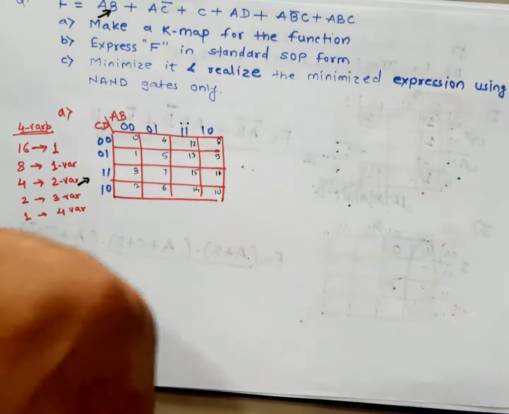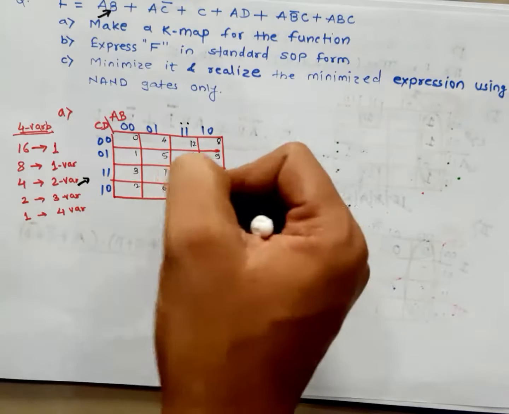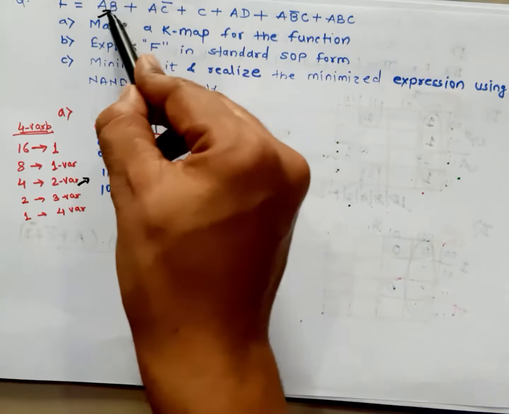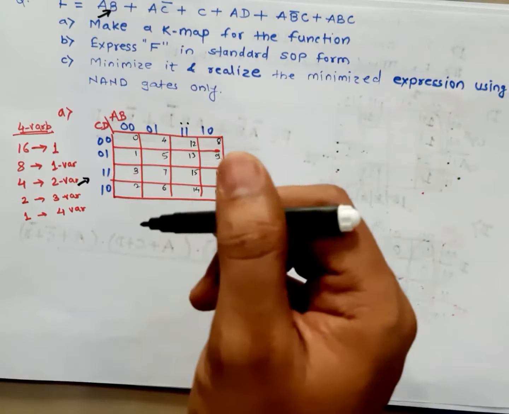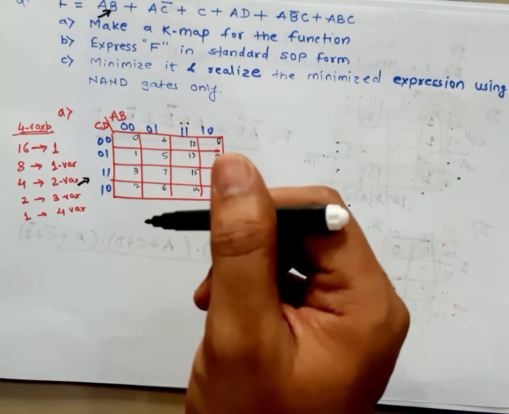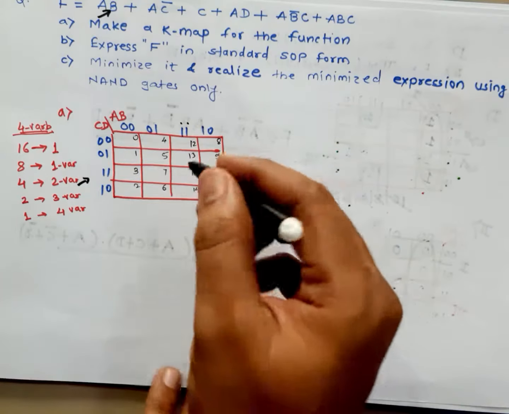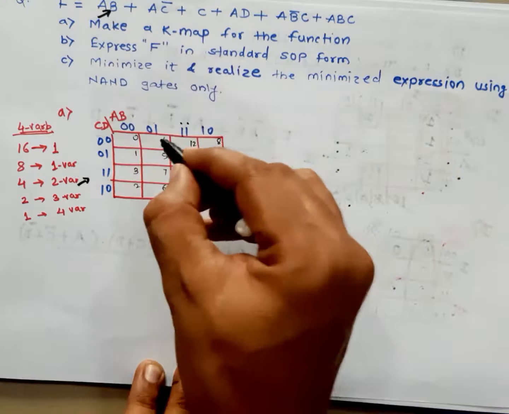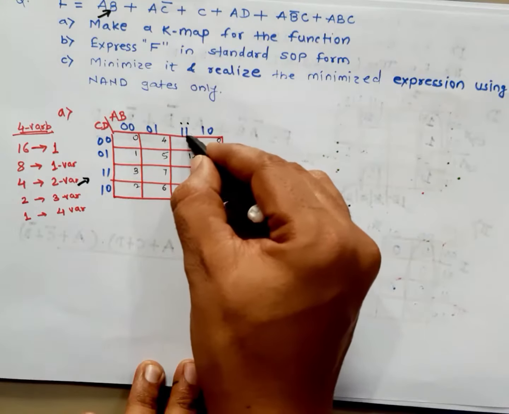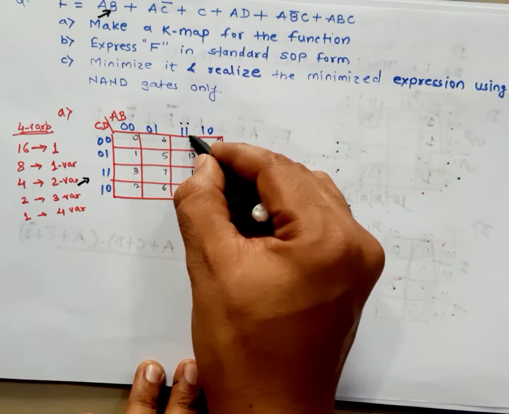So we can say that it is a group of 4 cells, and your answer will be AB. Which cells are there? We need to find it. So our final answer should be AB. For that purpose you need to consider only one column.